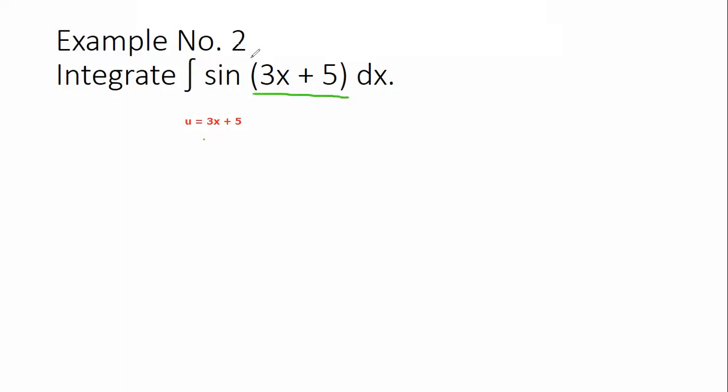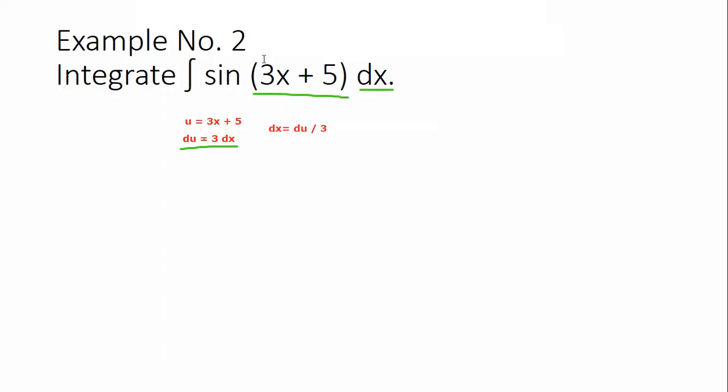We get the derivative of the angle, which is du equals 3 dx. However, our function is in terms of dx, so by the division property, divide both sides of the equation by 3, so dx equals du over 3.